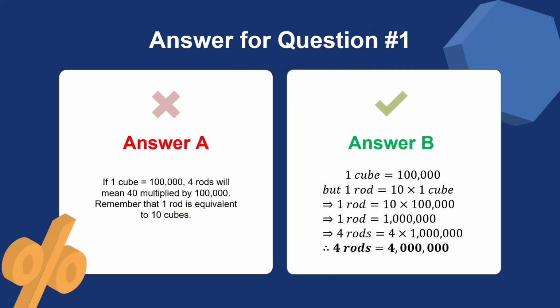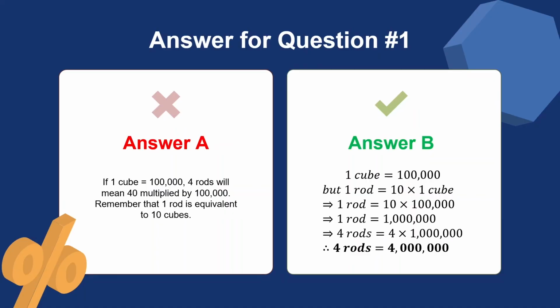So as seen, 1 cube is 100,000. But we know that 1 rod is the same as 10 times 1 cube. So if we are doing substitution, we are just representing 1 cube with 100,000. So it implies that one rod is equal to 10 times 100,000.